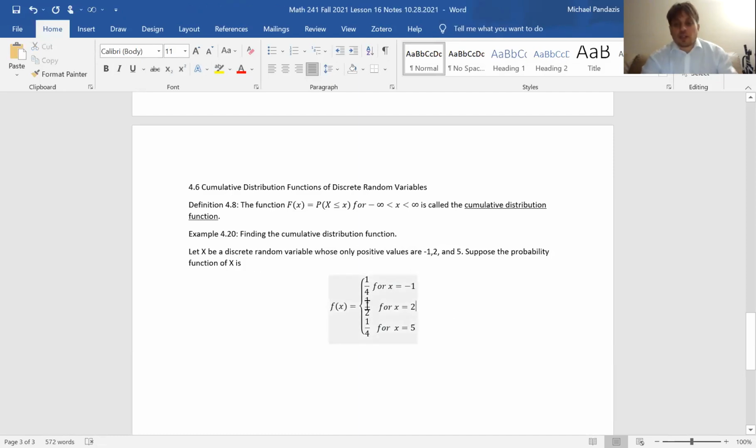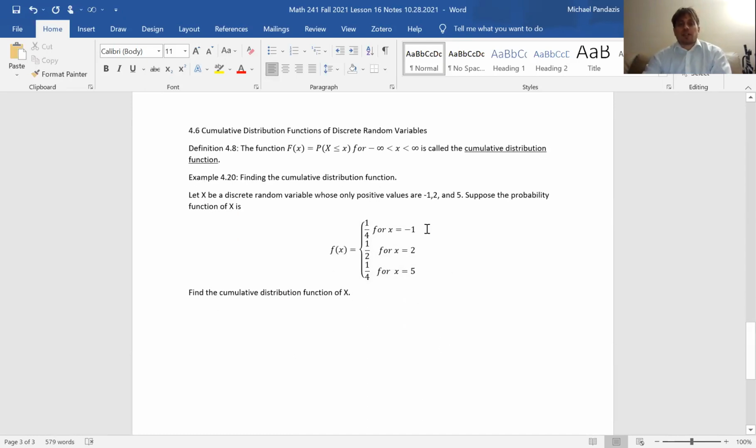Okay, so the problem is to find the cumulative distribution function of capital X. That's capital F of x, equal to the probability that capital X is at most little x.